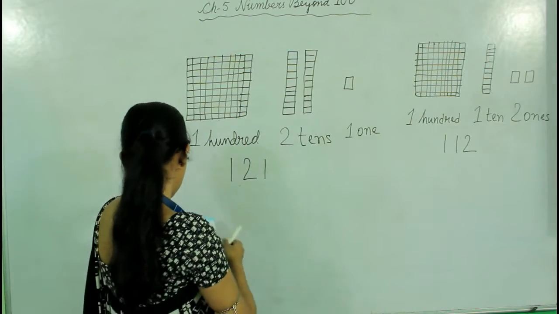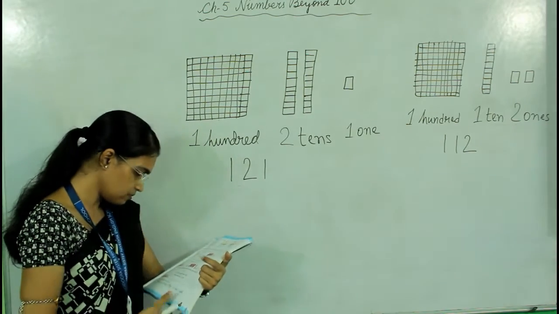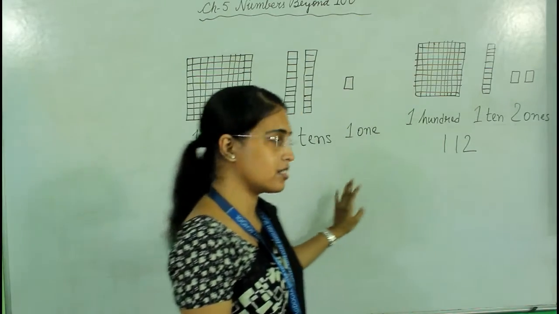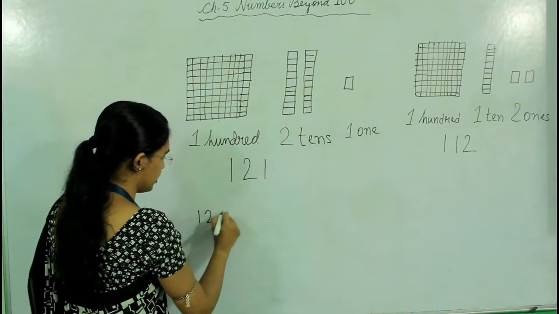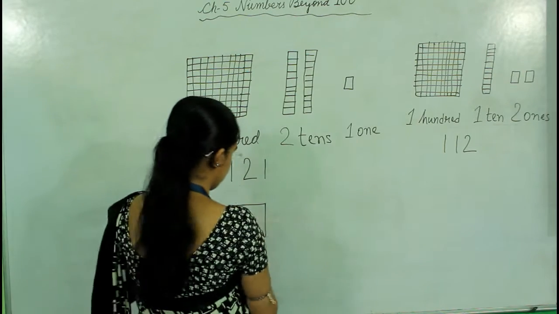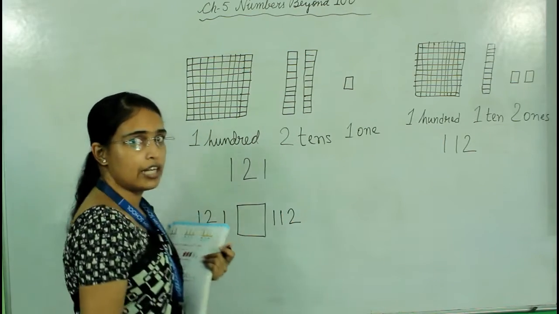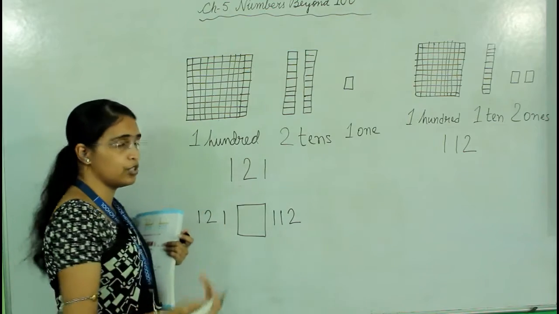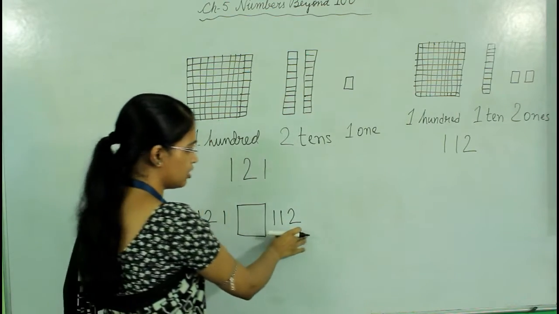So here what you have to do is find out the greater than and less than. If I give you the question 121, you have to find out the greater than and less than of these two numbers. After comparing these two numbers, can you tell me which one is the bigger number? 121 is bigger than 112, right?